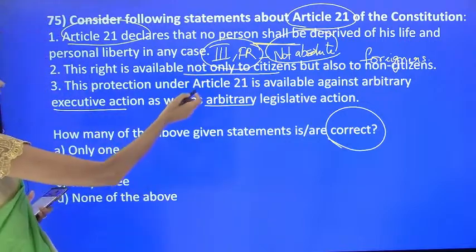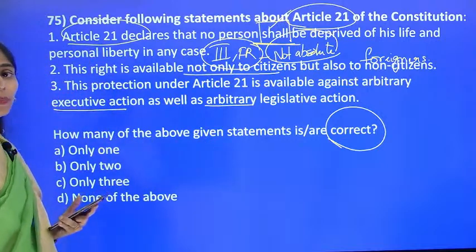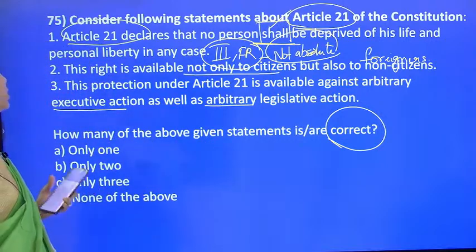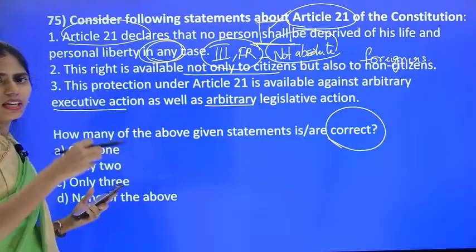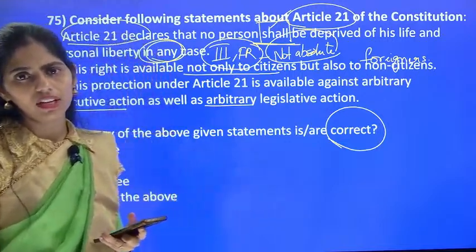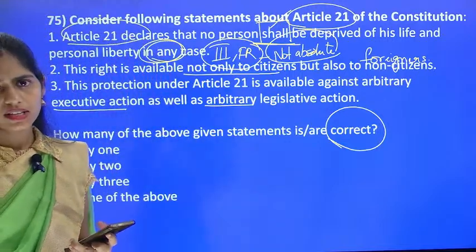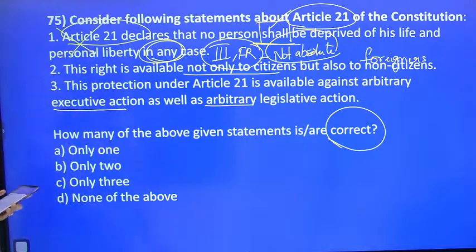So how can we say that no person shall be deprived of life or personal liberty in any case? For example, if there is any urgent public importance, Article 21 can be taken away, for example in emergency cases. So this first statement is incorrect.